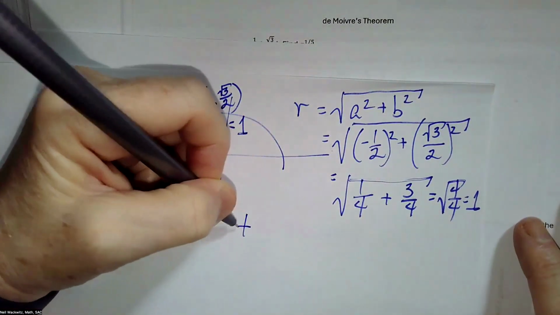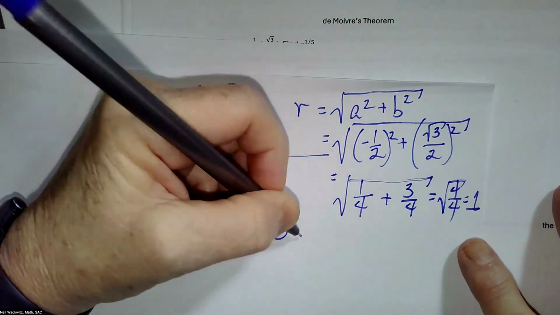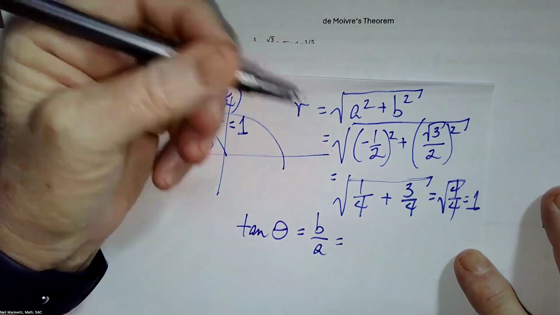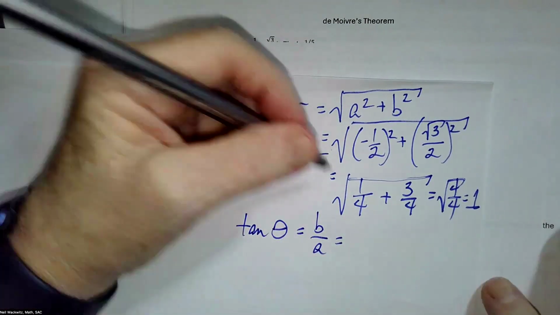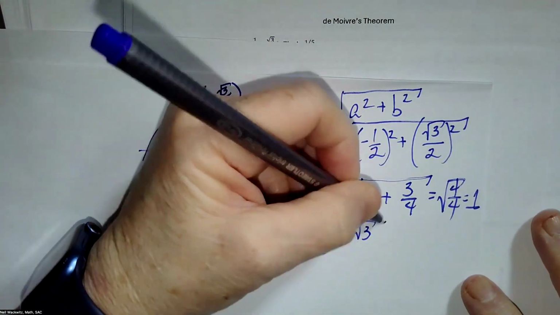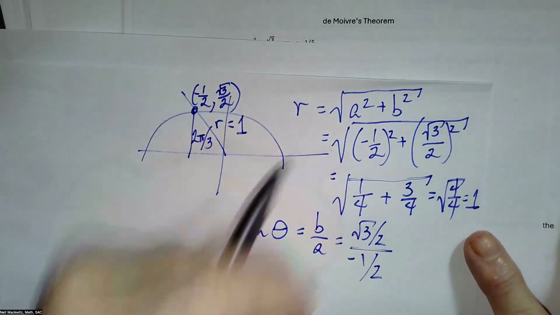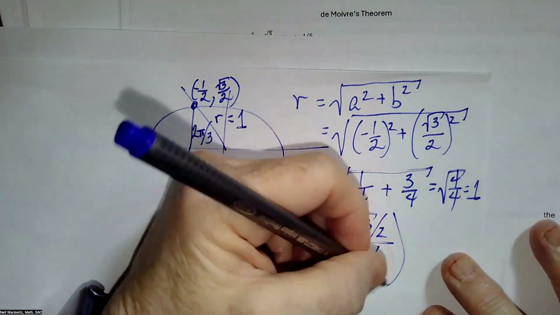We also know that the tangent of theta will be b over a. So it will be square root of 3 over 2 divided by negative 1/2.